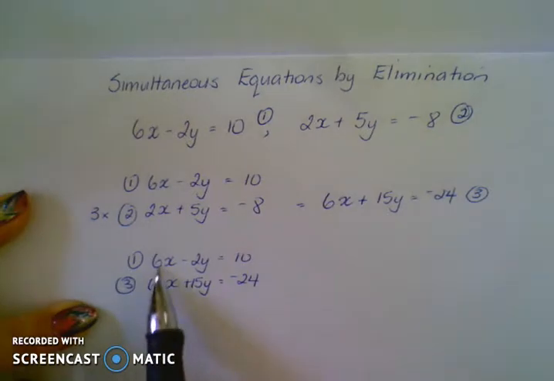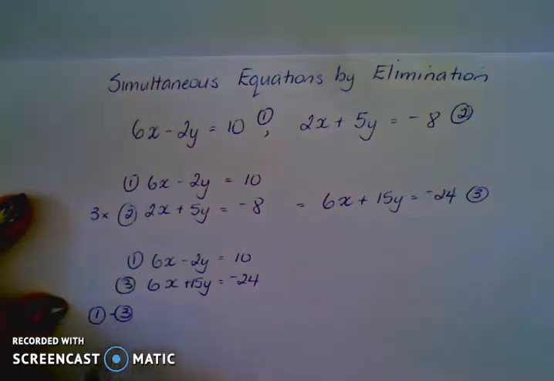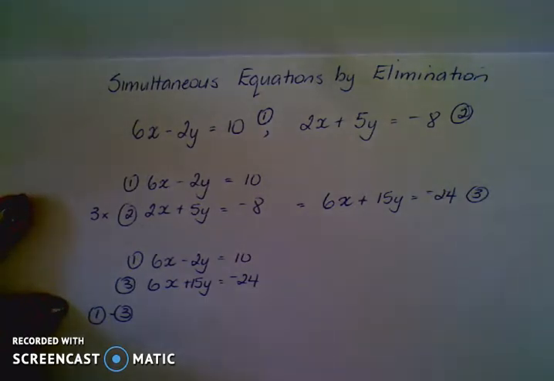So we've got 6x here and 6x here. To get rid of the term 6x altogether, we need to take equation 3 away from equation 1. You can see down the side here, I'm writing each of the steps that I'm doing so that it's quite clear with my communication what I'm doing.